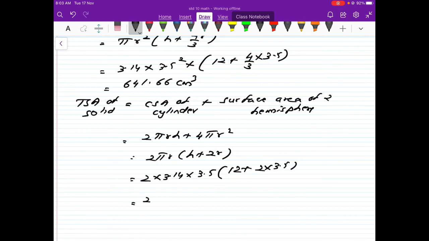So 2 into 3.14 into 3.5 into, this is 12 plus 7 is 19. So when we calculate this, we are getting 418 centimeter square. So this is the total surface area of the solid.